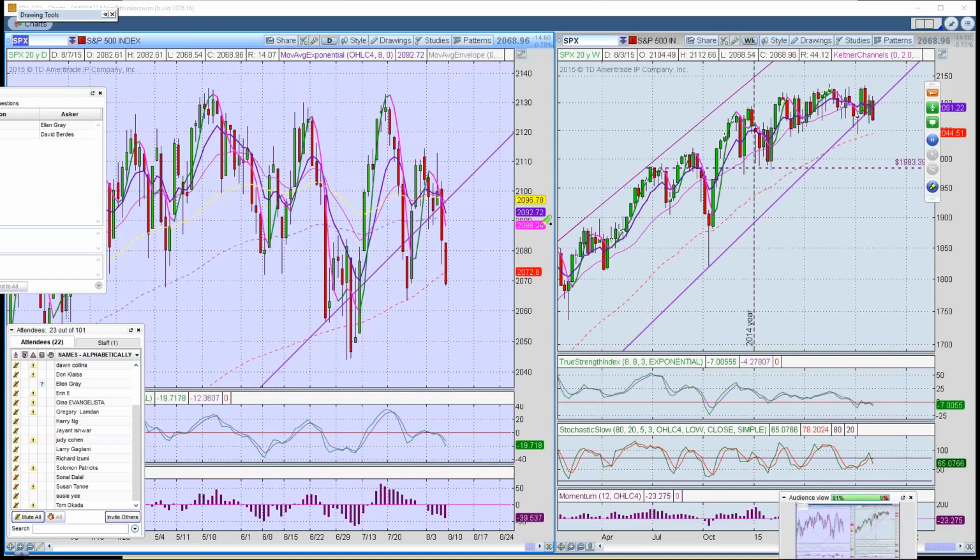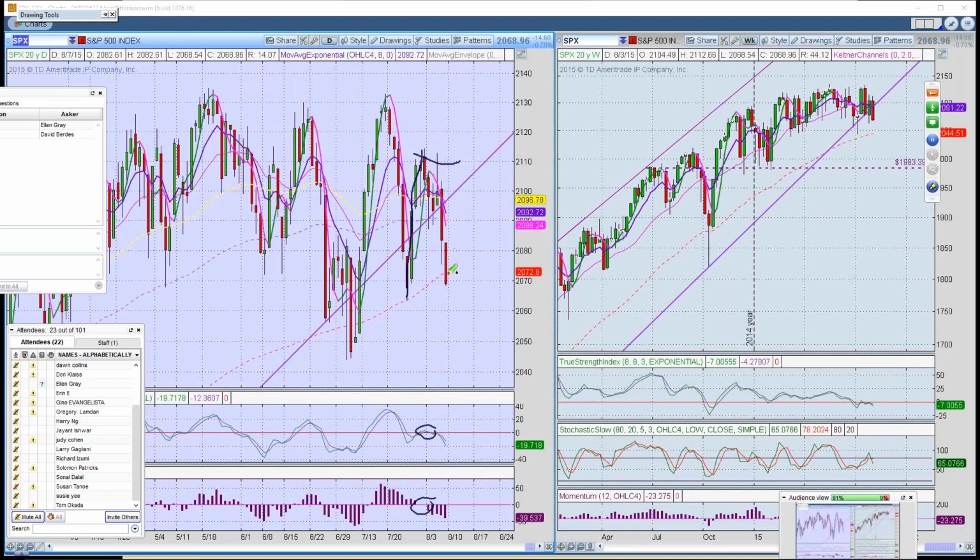We came back up off this nice rebound off the 200-day moving average. It ran up, but the momentum just completely ran out. As we started this rebound, there was nothing to say momentum was behind this move. We get up to the resistance area about 2110, and now we've rolled over from that.